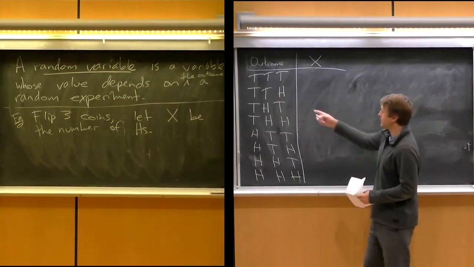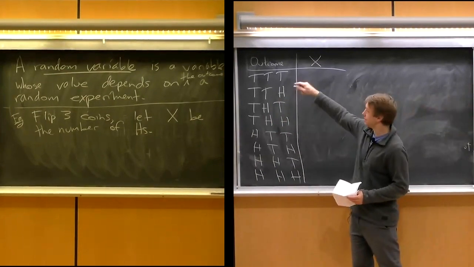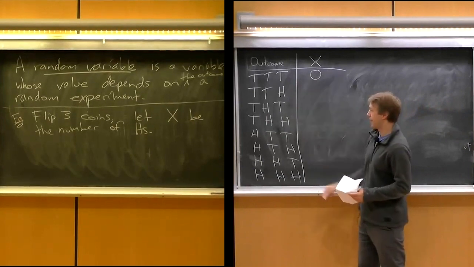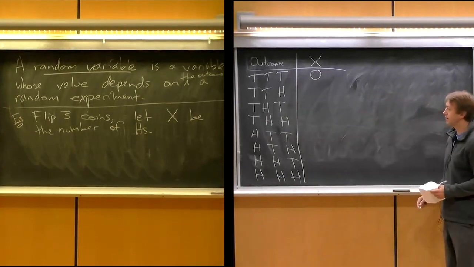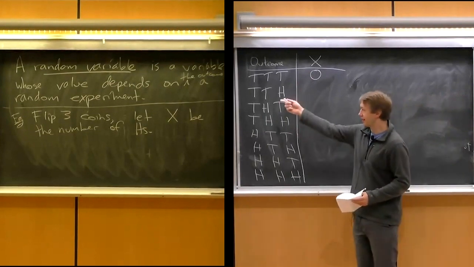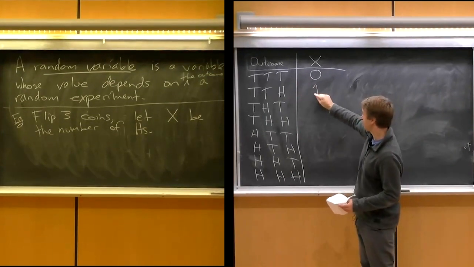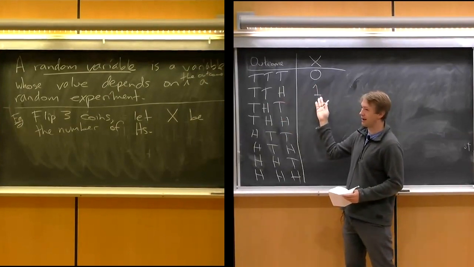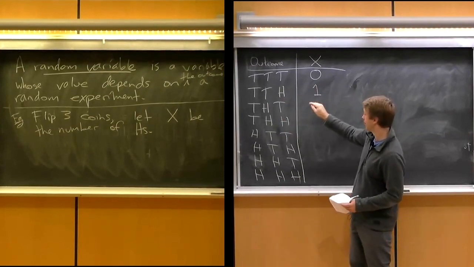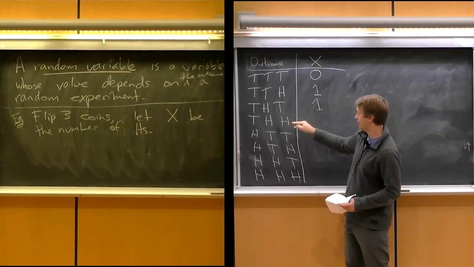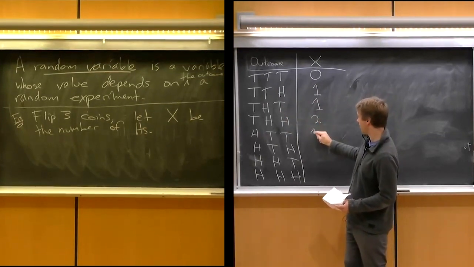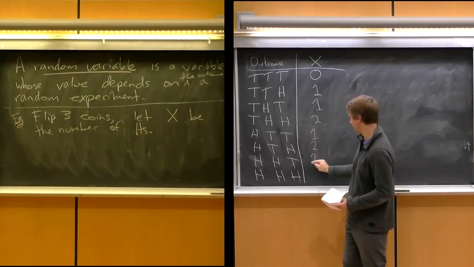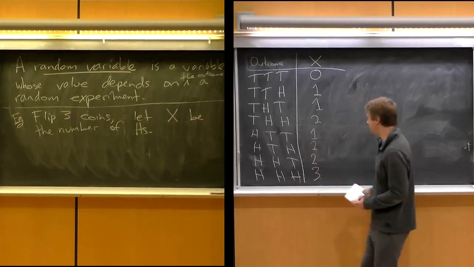For this outcome, for example, there are no heads, so x is equal to 0. For every possible outcome, the value of x is determined by it, right? So I see 1 head here, 2 here, 1 here, 2, 2, and 3.